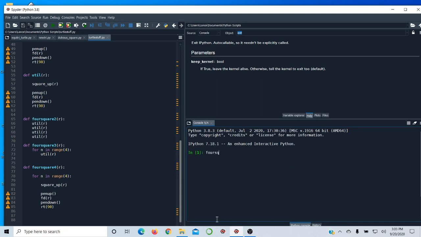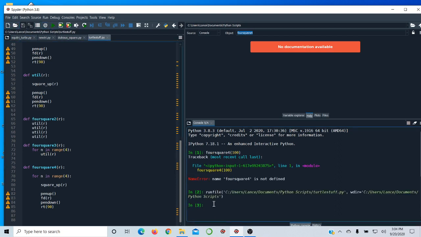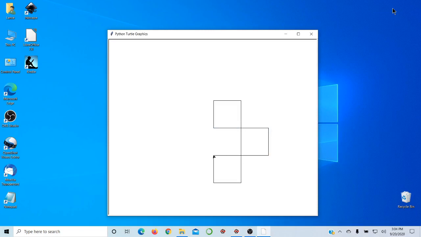Four square, 100. Yes, that's again because I have to execute the script over here to get the things in it to be defined. Okay, that looks good.